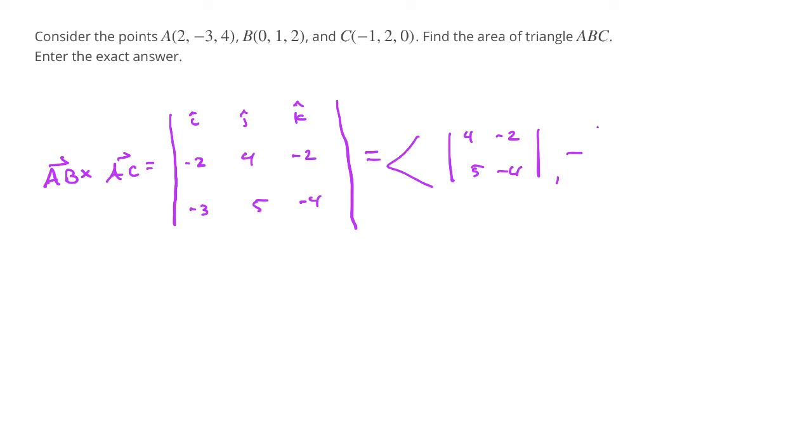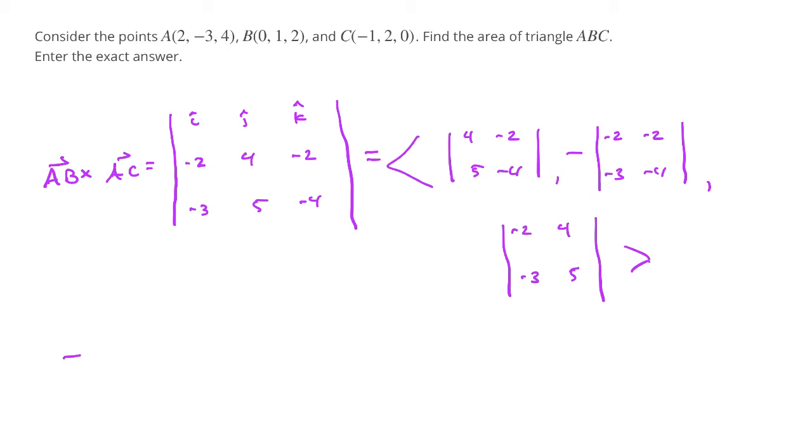Our second determinant, getting rid of the first row and the second column, has negative 2, negative 2, negative 3, and negative 4. And then finally, our third determinant looks like negative 2, 4, negative 3, and 5.